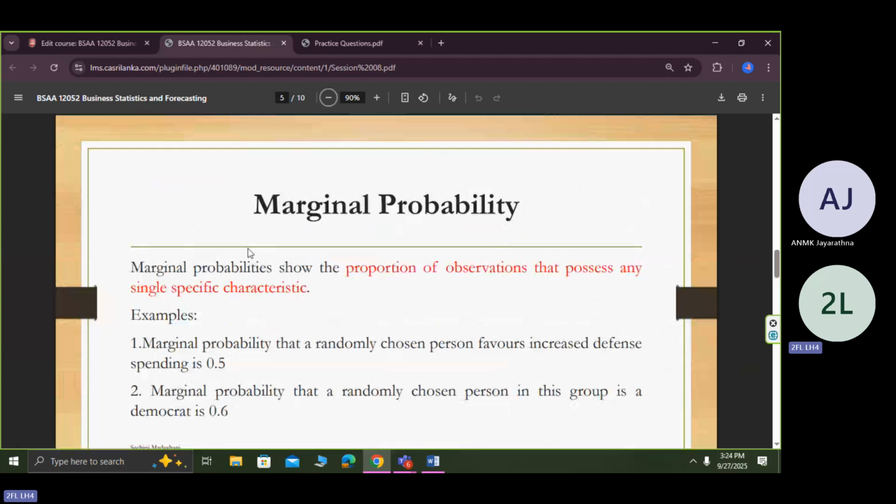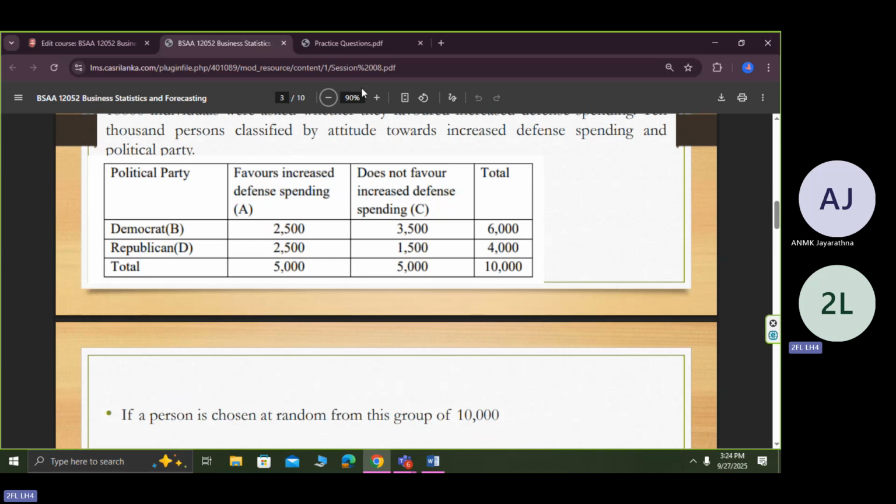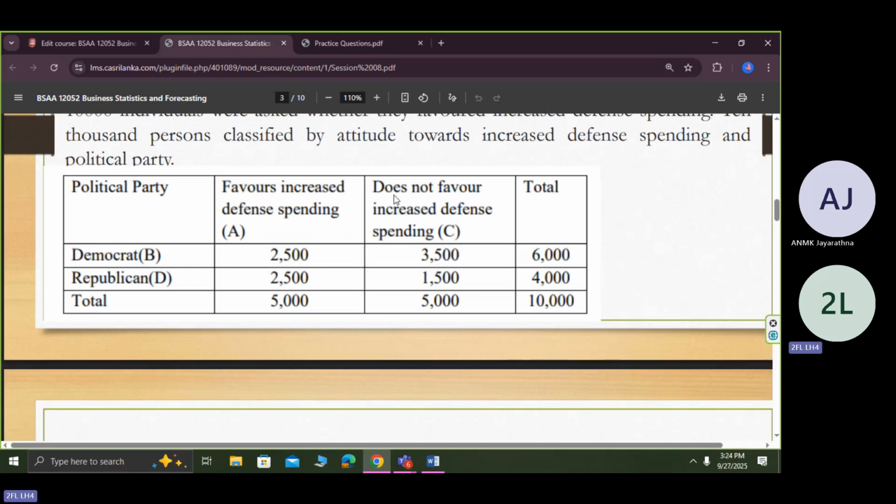Then we move into the next concept, marginal probability. Using the marginal probability concept, we can identify the probability of a single event. Here we consider only one event. Using the same table, assume we need to find the probability that a particular person is a Republican.